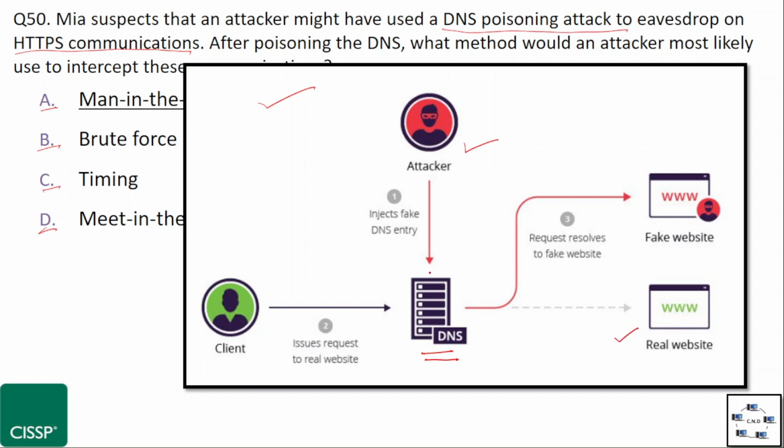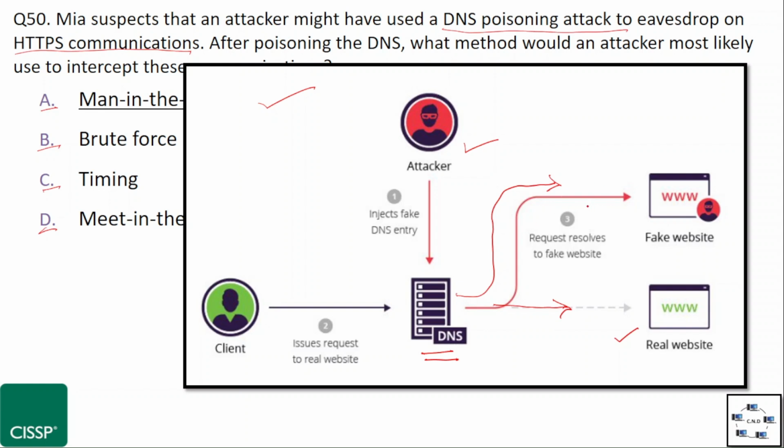The attacker infects the entry, and instead of the real website, a fake website is registered against this real website's IP address. So when the client requests, instead of being given the real website entry, he or she is directed to the fake website.